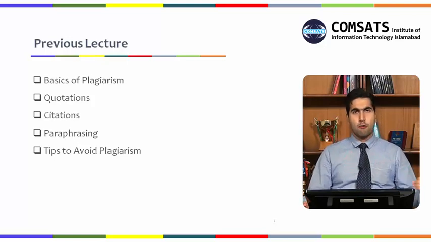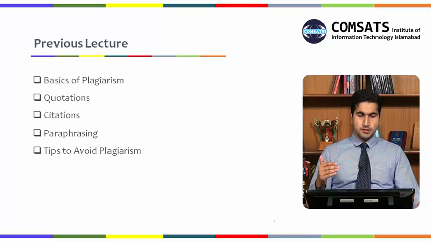Then there is a way of citing the information of other sources, and then there is another mode of avoiding plagiarism, and that is paraphrasing. So we looked into different examples of how to paraphrase so that it remains free from plagiarism. And then we talked about some additional tips for avoiding plagiarism as well.